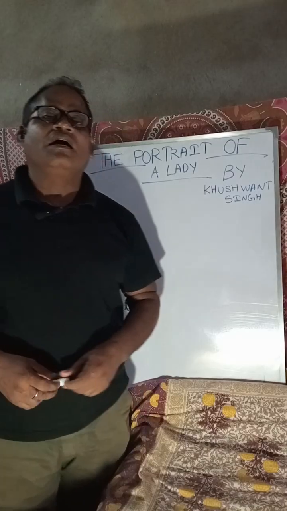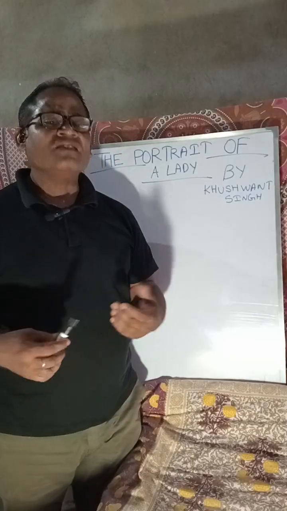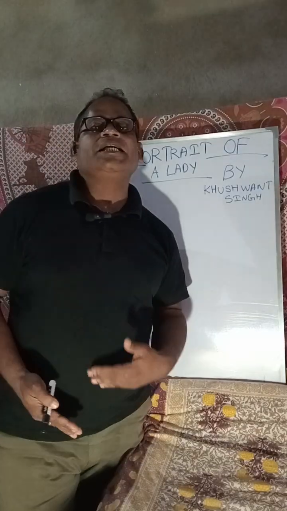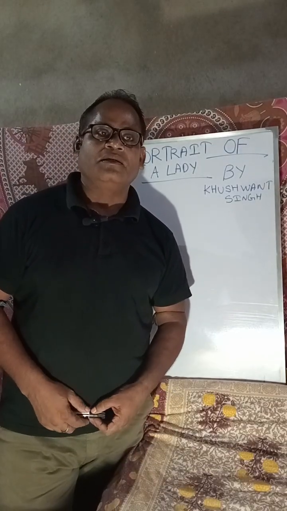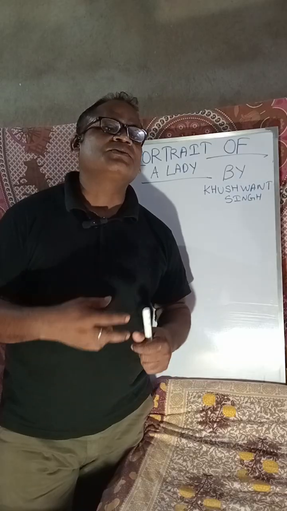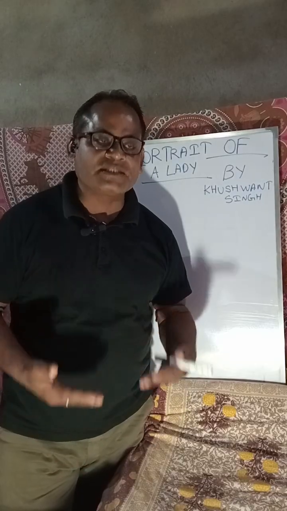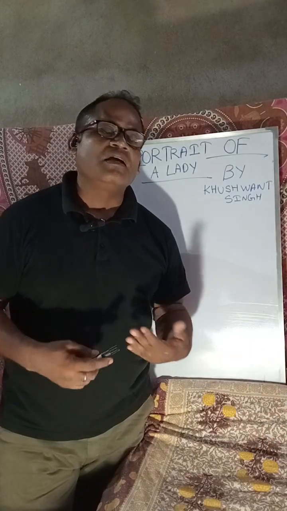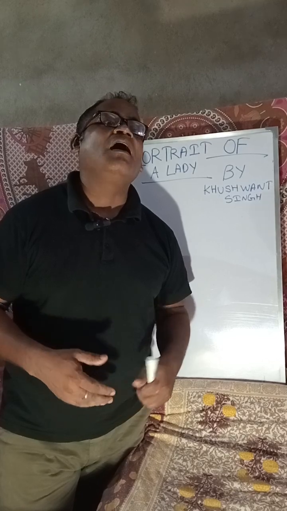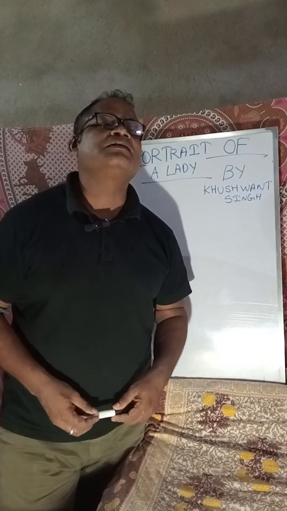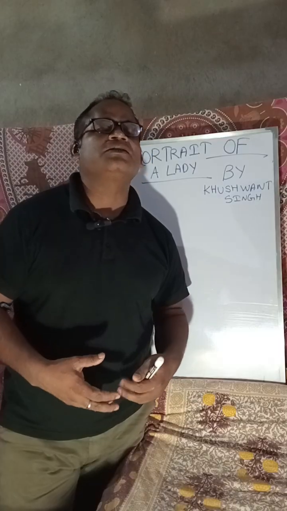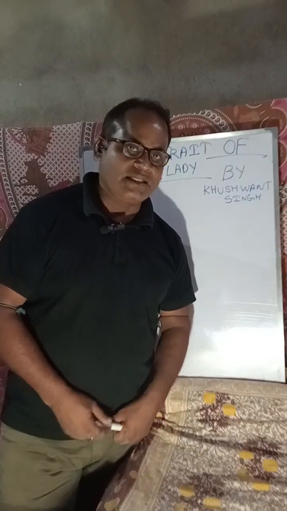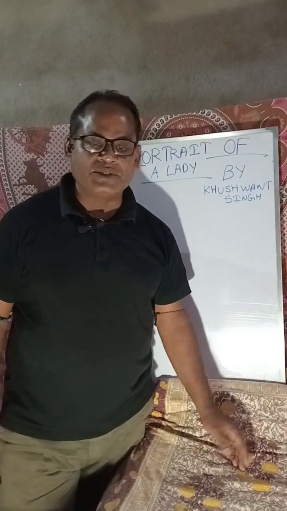In the first phase, Khushwant Singh's early childhood days are spent in a village, and the second phase of his life is depicted in a city with his grandmother. Understood? And the third phase consists of his days abroad for higher studies and his return. These are the three phases of the story.